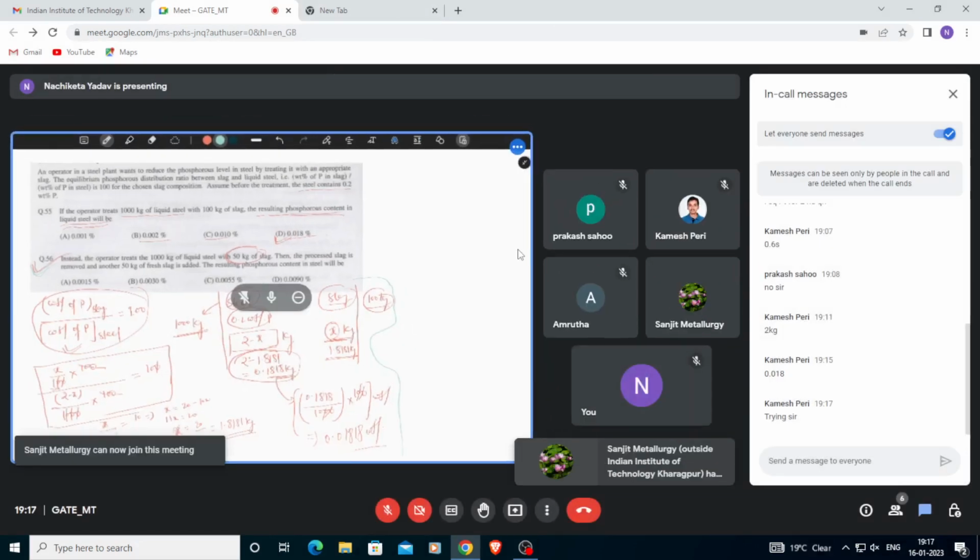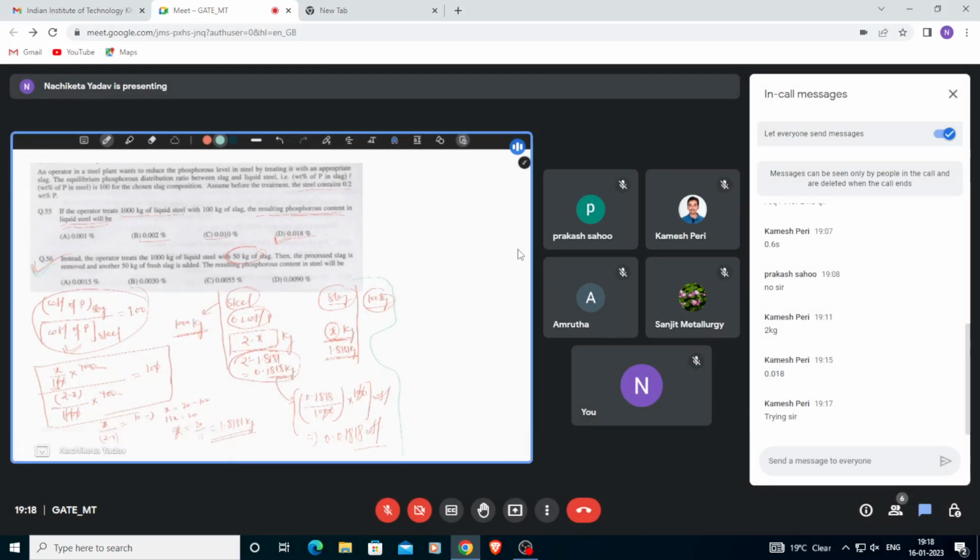Okay. Instead, the operator treats the 1000 kg of liquid steel with 50 kg of slag. So again we will solve it by the same procedure. This is 1000 kg.